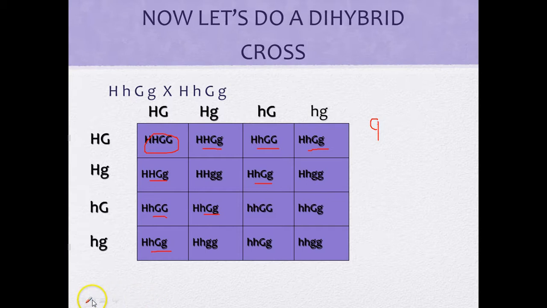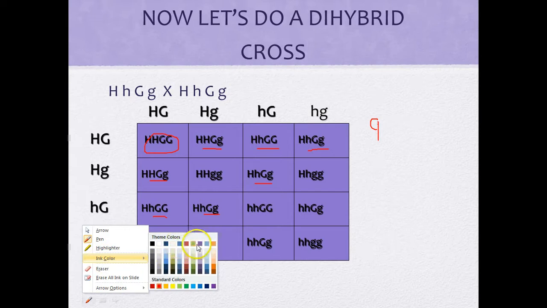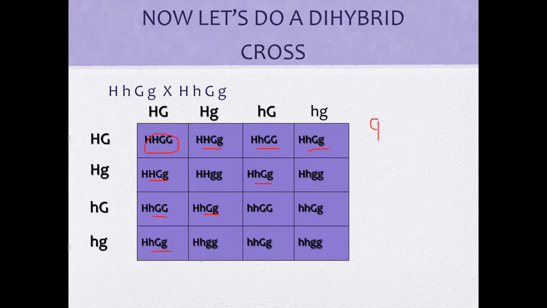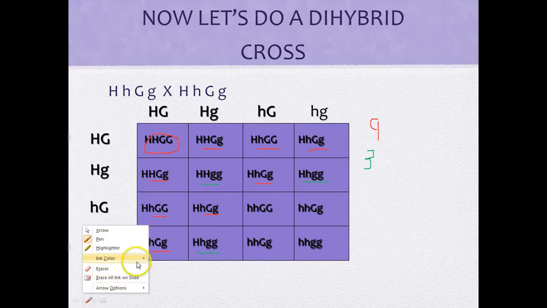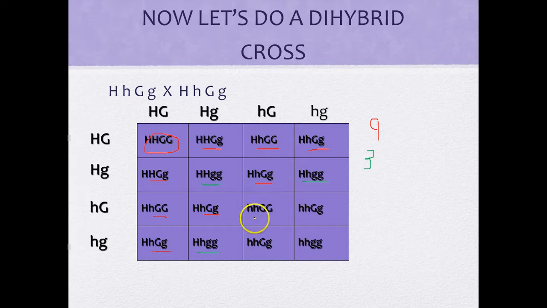If we took a look at another trait, we would find 3. I'll mark that in a different color. Let's use green. We would find 3 of the next kind. This one is huge and blue, and huge and blue. So we have 9, 3, now let's look for small and green.